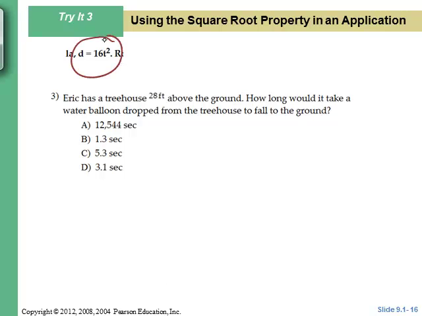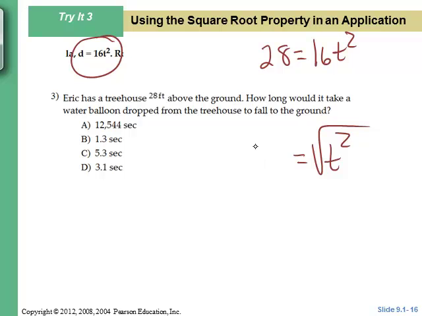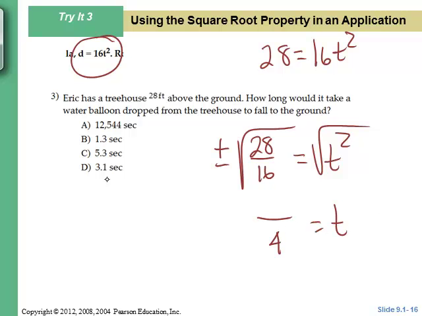So we have the same formula. 28 equals 16t squared. So t squared, square root, equals plus or minus the square root of 28 over 16. T equals, the bottom is 4. 28 divided by 2 is 14, divided by 2 is 7. So it's plus or minus 2 root 7 over 4.